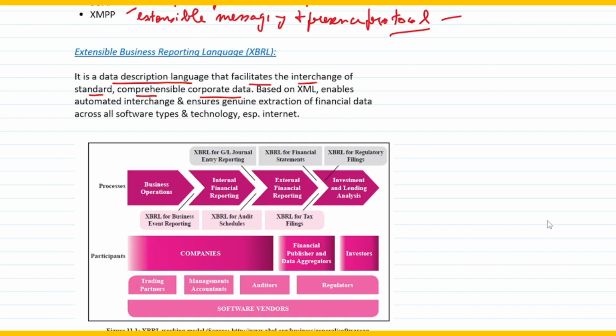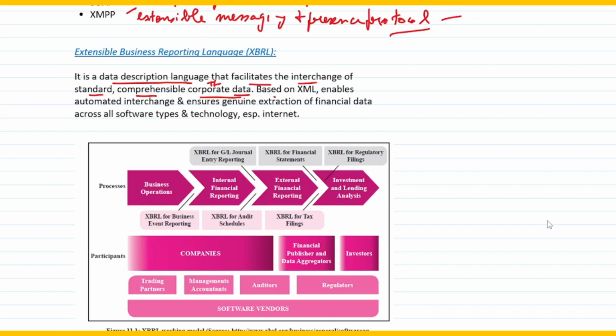The keyword here is corporate data. So if asked what is the language used for exchanging corporate data, you are supposed to answer Extensible Business Reporting Language, or XBRL.